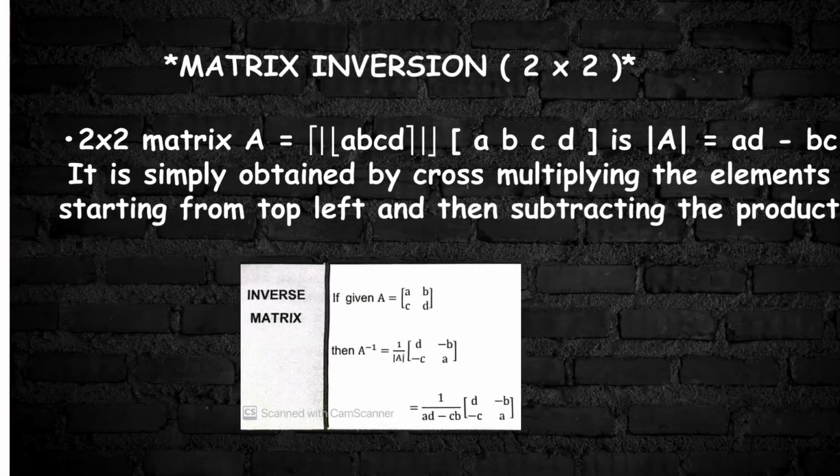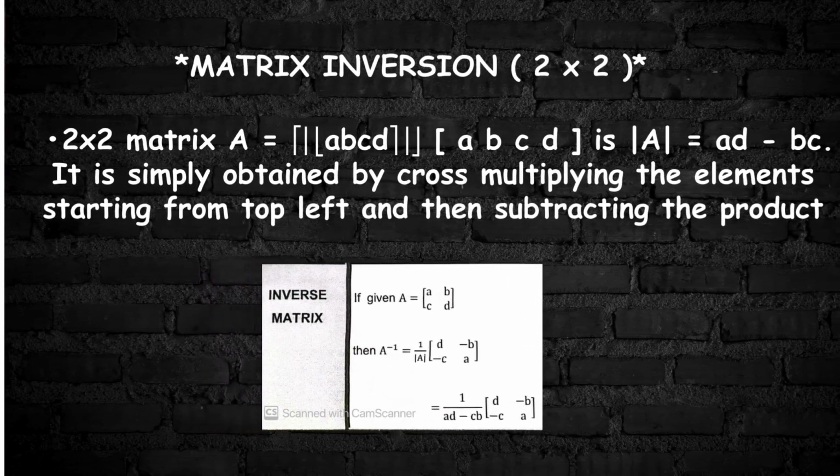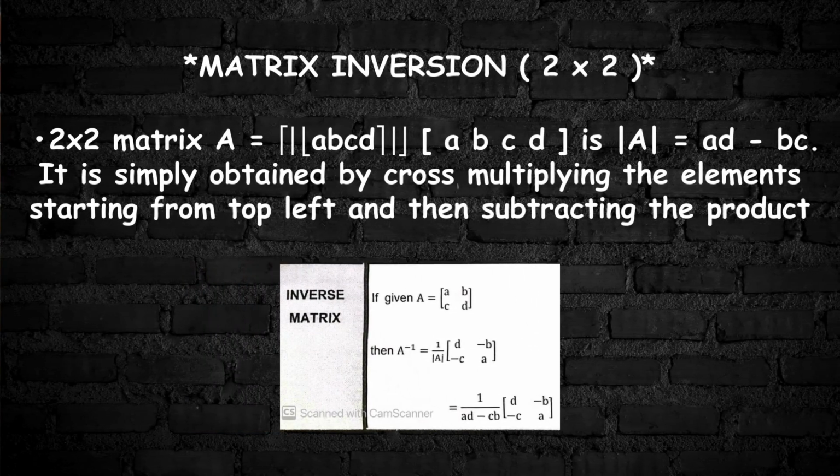Matrix inversion 2 by 2. For a 2 by 2 matrix A equal to the matrix with rows A, B and C, D, determinant A equal AD minus BC. It is simply obtained by cross multiplying the elements starting from top left and then subtracting the product.